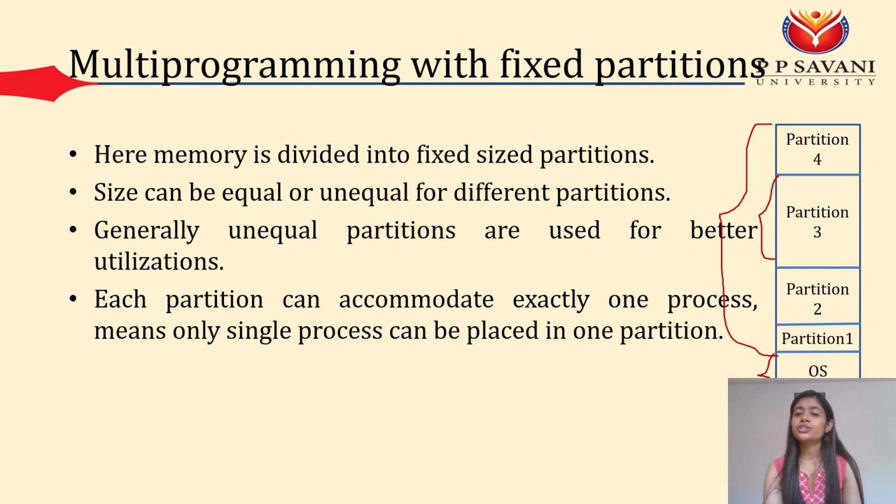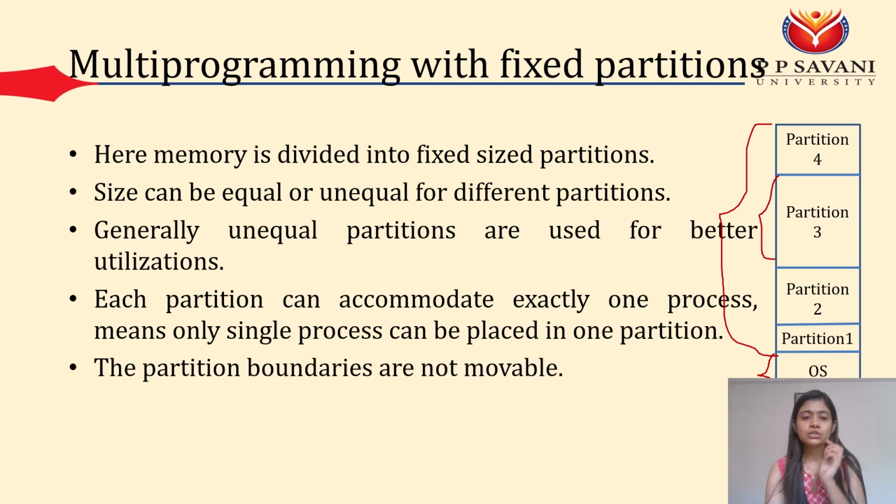After that, each partition can accommodate exactly one process. That means in partition 1, I am only allowed to allocate one process. That's it. The remaining part is not going to be used by any other process. So per partition, only a single process is allowed. The partition boundaries are not movable.